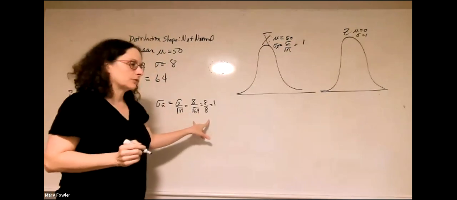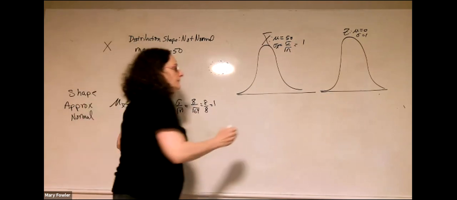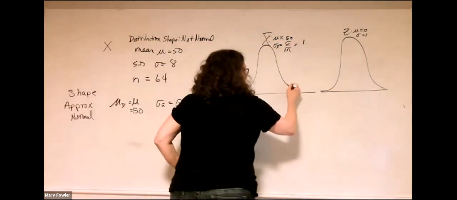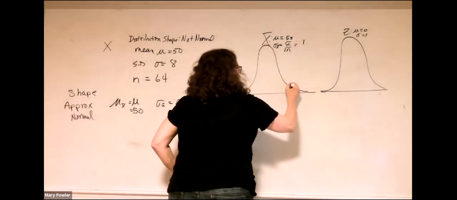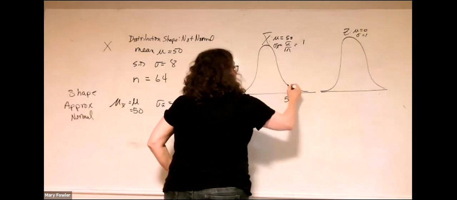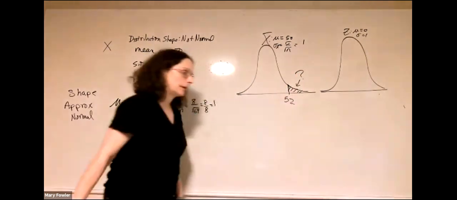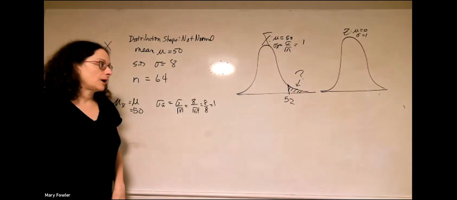So let's draw the picture of the problem. Find the probability that X bar is greater than 52. Greater than. So that's the picture of the problem.